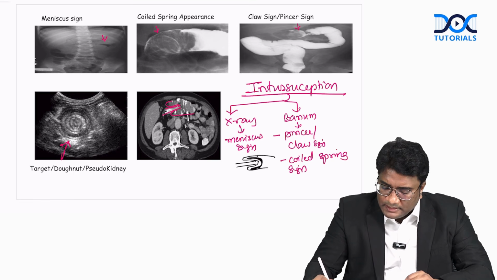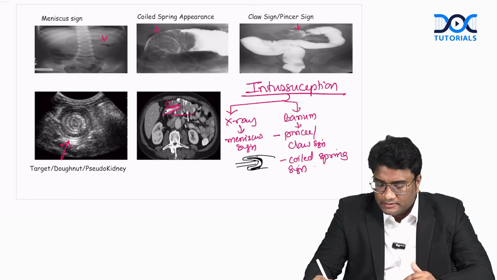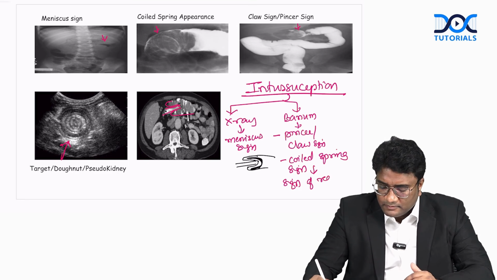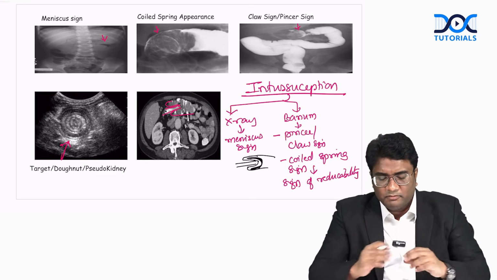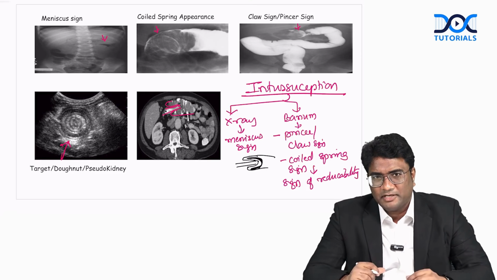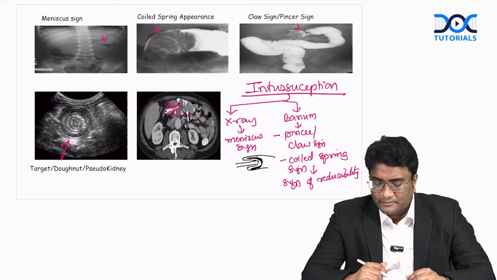And the coiled spring sign is a sign of reducibility. It's a good prognostic finding. So, when you are able to see the column of barium going between the bowel loops, giving a coiled spring-like appearance, that means it's a reducible intussusception. That's a sign of reducibility.